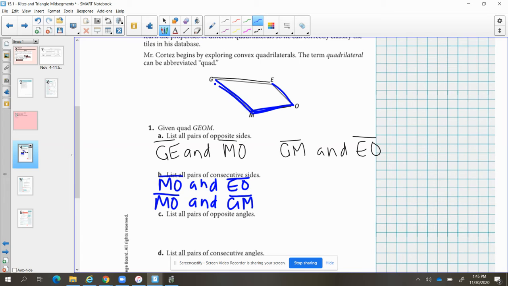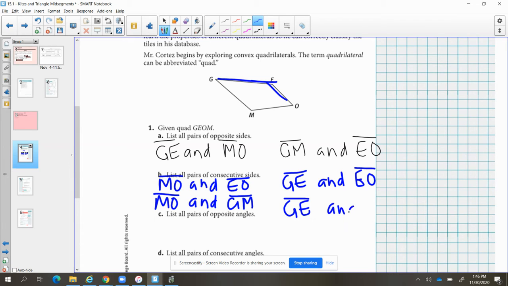But we also have another two pairs, because we have to look at the other pair of opposite sides, GE, which is also going to be consecutive with EO, and GE also has GM on its other side. So this and this, those are consecutive because they're next to each other.